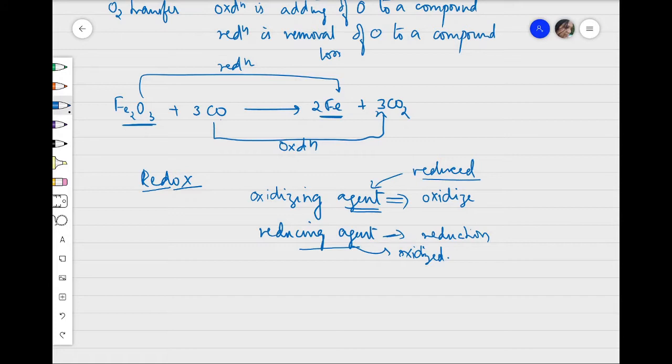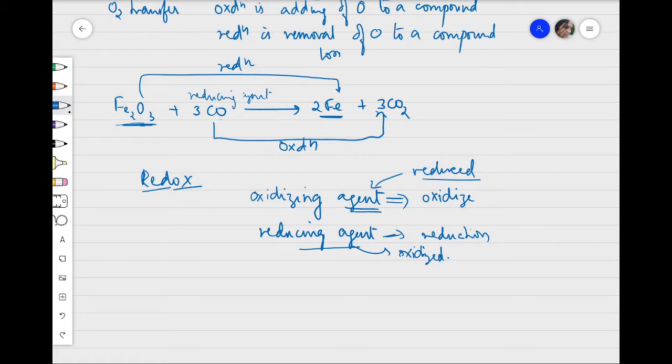It is here a reducing agent because it caused the reduction of Fe2O3. അതായത് ഫെറിക് ഓക്സൈഡിൻ്റെ റിഡക്ഷനെ ഫെസിലിറ്റേറ്റ് ചെയ്ത ഒരാളാണ് കാർബൺ മൊണോക്സൈഡ്. So we say carbon monoxide is a reducing agent.